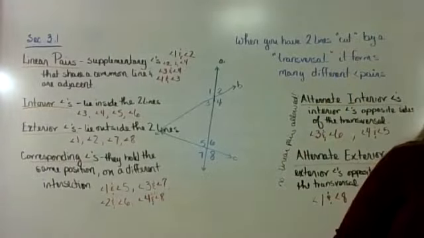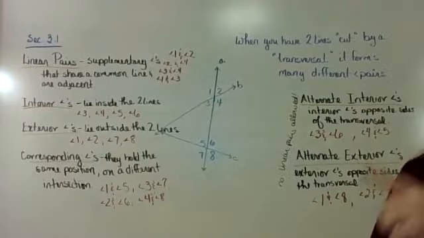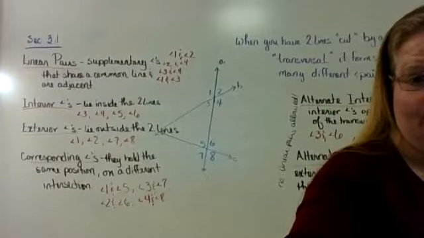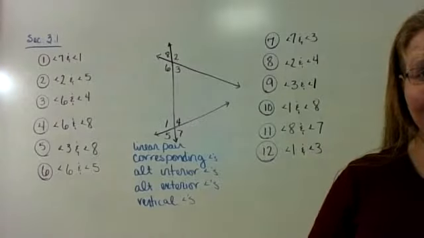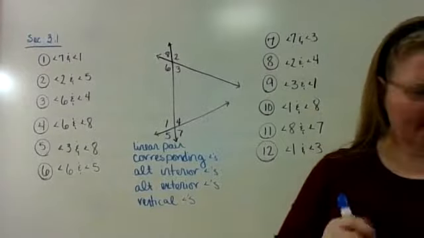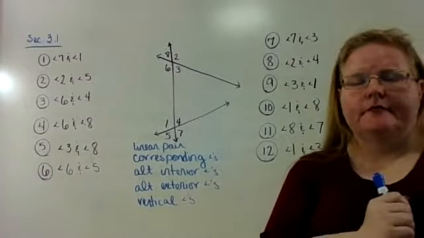Now, turn the page. That leads me to a problem. Well, actually, it leads you to a problem. Here it is. This is what will effectively be your classwork for this section.